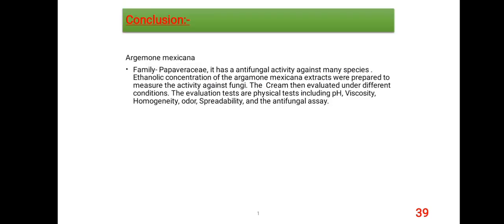After all that, we have concluded that our plant Argemone mexicana, which is from the family Papaveraceae, has antifungal activity against many species. Ethanolic concentrations of Argemone mexicana extract were prepared to measure the activity against fungi. The cream was then evaluated under different conditions.